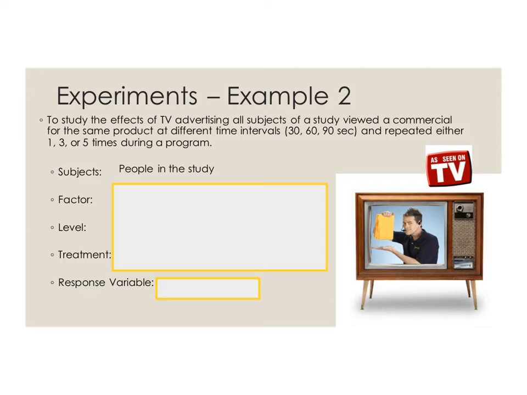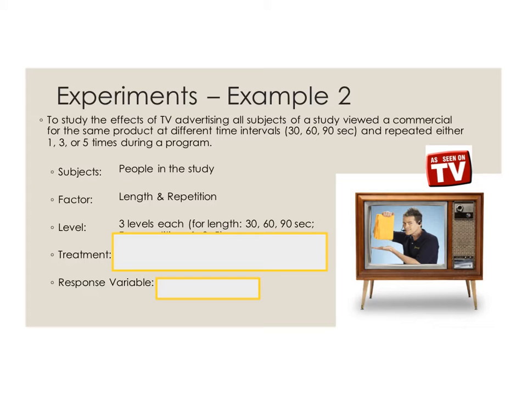Our factor, what is it that we're manipulating this time? Well, this time we are manipulating the length of the commercial and how often they watch it. For the levels, we have 3 levels each. For length, we have 30, 60, and 90 seconds. And for repetition, the subjects are either going to watch it once, 3 times, or 5 times.